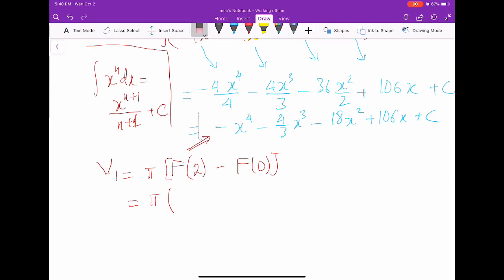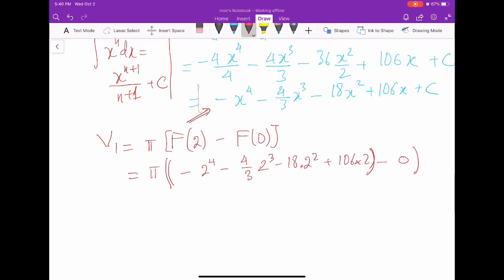So F of 2, you can write that: negative 2 to the 4 minus 4 over 3 times 2 cubed minus 18 times 2 squared, and then plus 106 times 2, and then minus F of 0. F of 0 is 0, right? C will be cancelled out, so I write here just 0. So basically, you can do the algebra for yourself, okay?